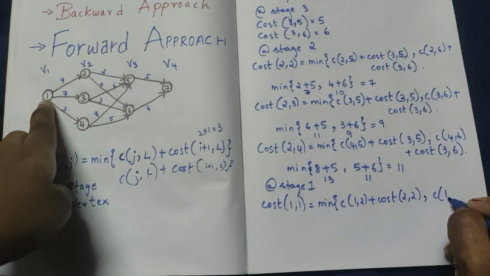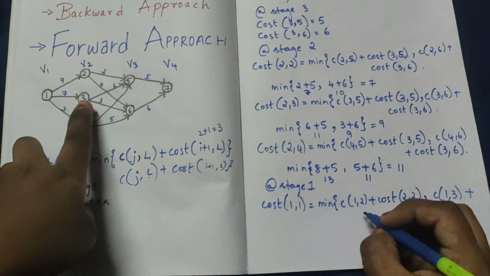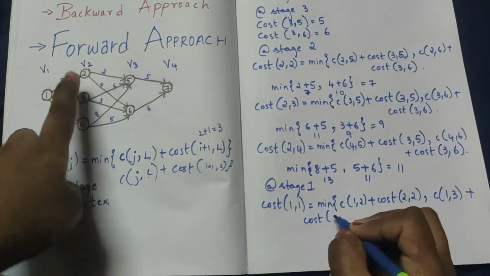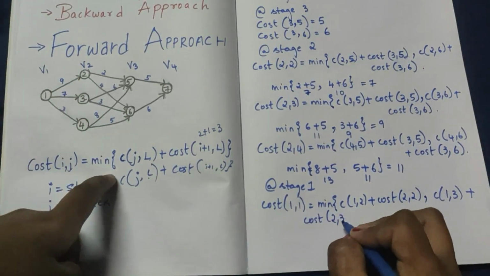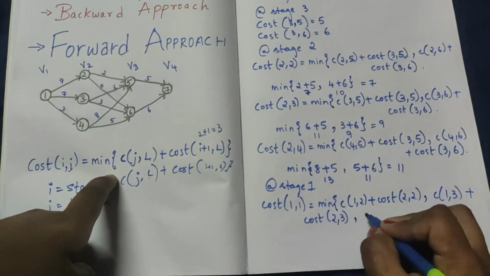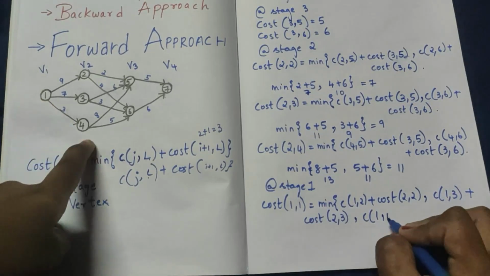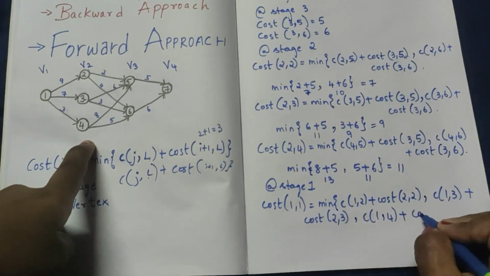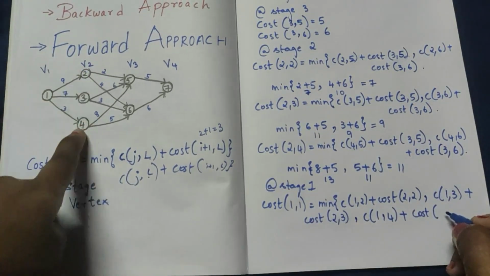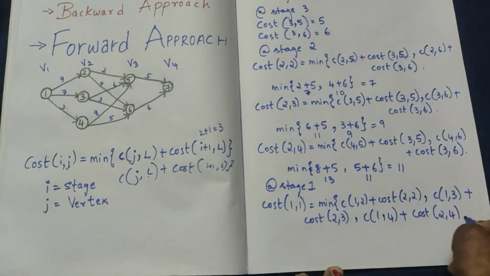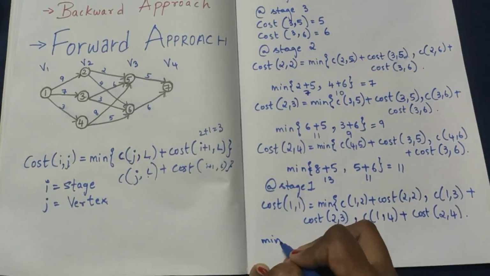C of 1, 3 plus cost of 2, 3. C of 1, 4 plus cost of 2, 4. So now we will find their values.